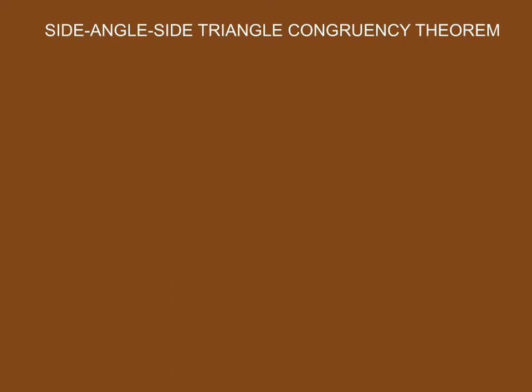All right, so the first thing I want to talk about is this concept of the side angle side triangle congruency theorem. First of all, I never say side angle side. I always use the acronym SAS. Here's what I want to do. Let's first create a side length here, which we'll call JK.